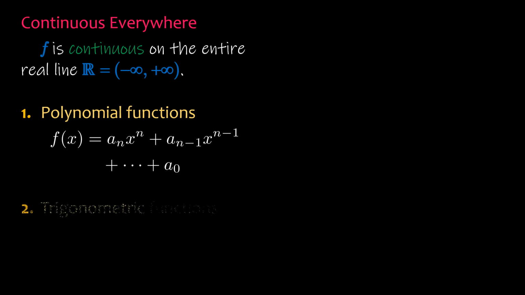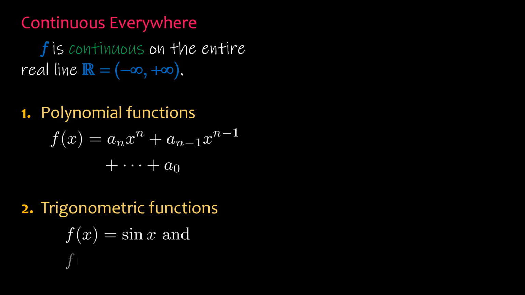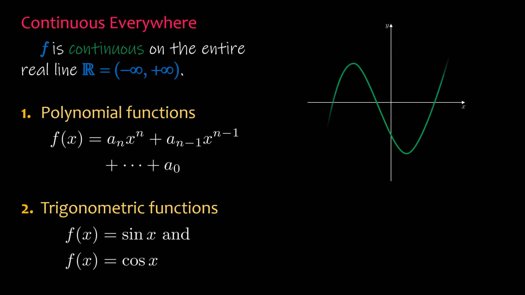Number 2. Trigonometric functions, sine of x and cosine of x. The graph of y equals f of x is continuous everywhere if f is defined and has no discontinuity, hole, jump, or gap on the real line.